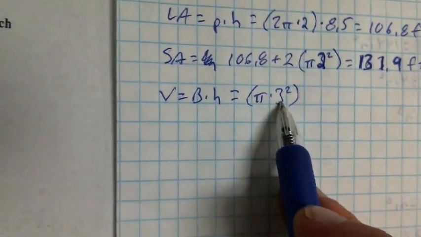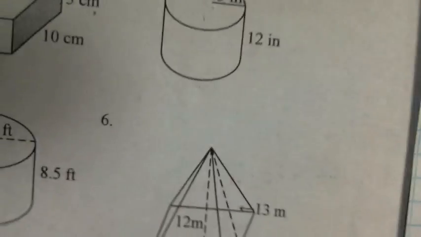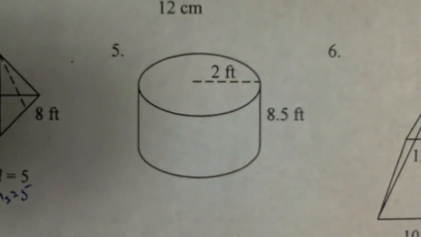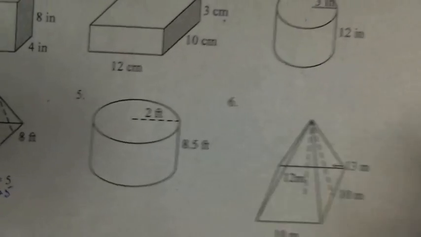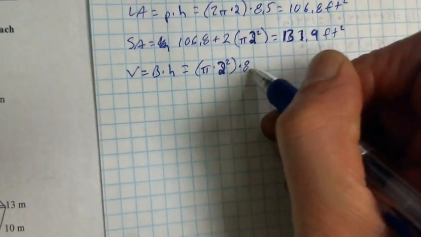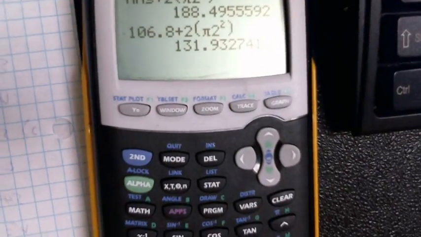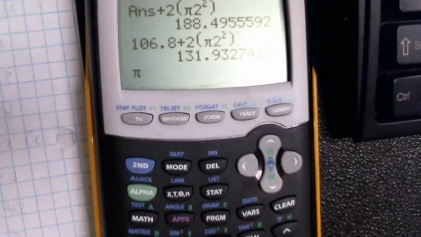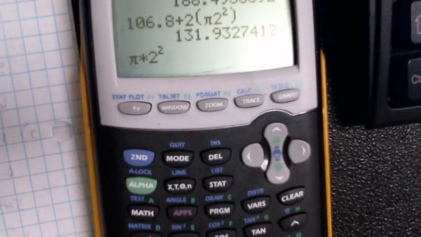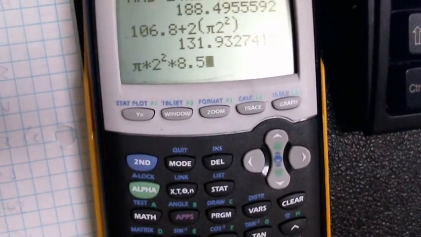Now, same here. Volume equals base times height. That base radius is not 3. It's 2. Pi times 2 squared times 8.5.